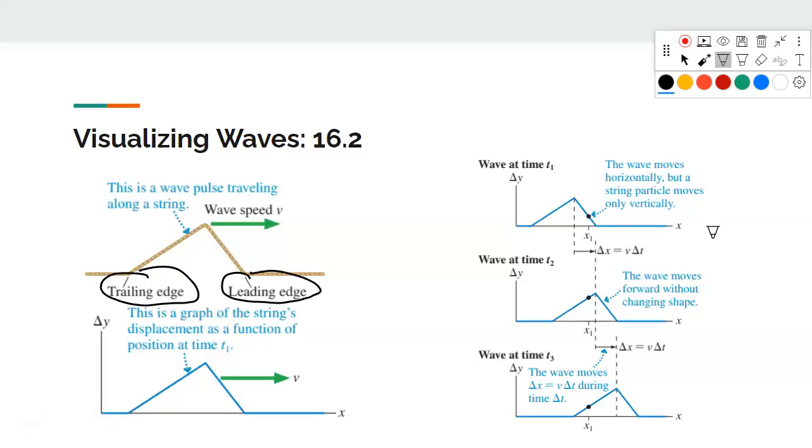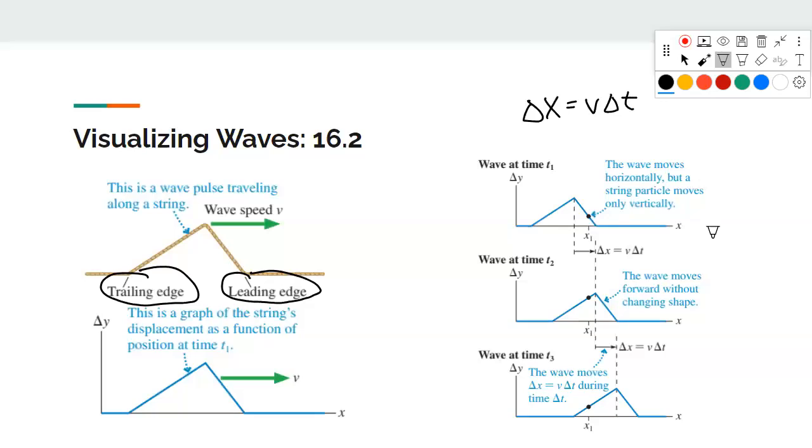And the rest of this is basically describing what I was relaying to you, but they importantly add that the x position of the peak of this is changing by this amount v delta t, right? This is just the definition of velocity, but we will see this more later.